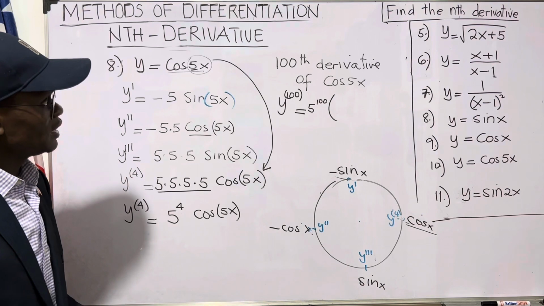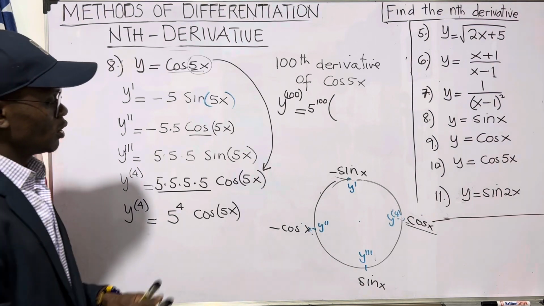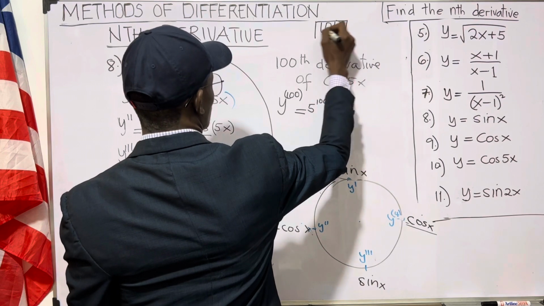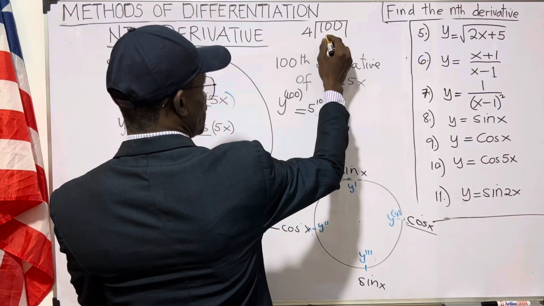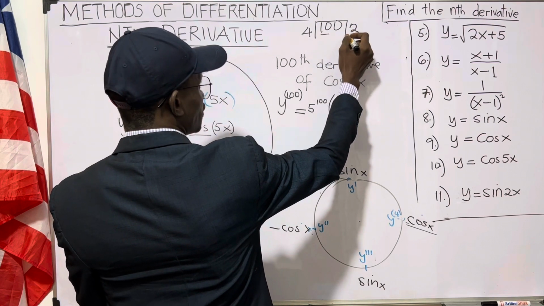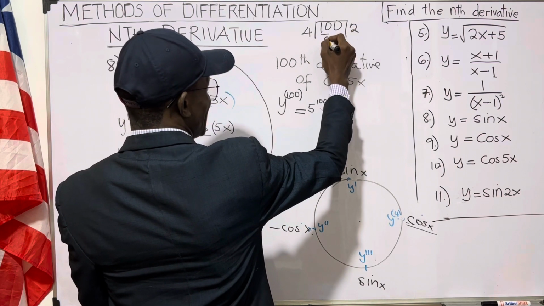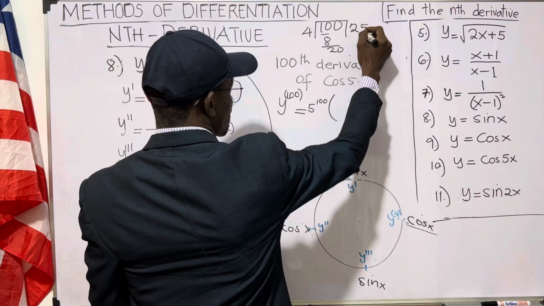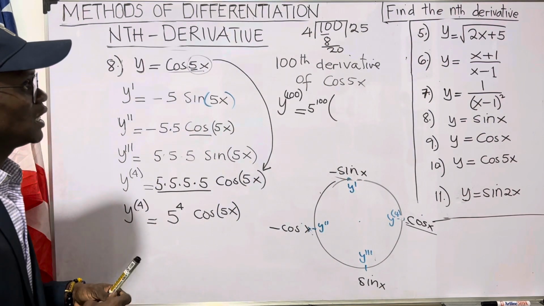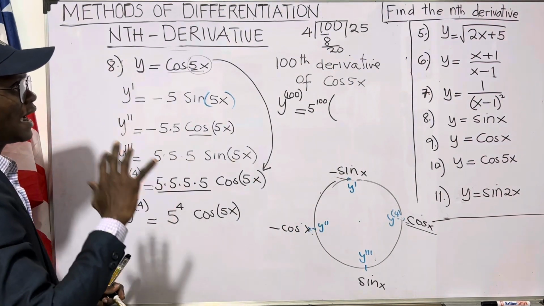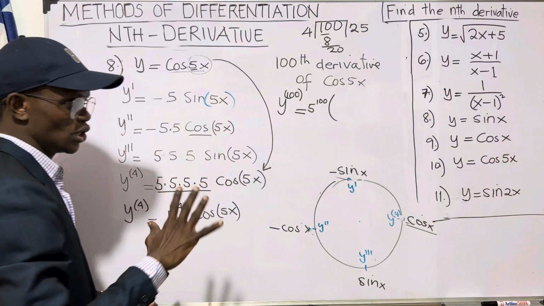So 100 is being divided by 4. 4 into 10 goes 2 times. 2 times 4 is 8, remainder 2. 4 into 20 goes 5 times. So 100 divided by 4 is 25. So it means 4 is going to divide 100 evenly. There will be no remainder.